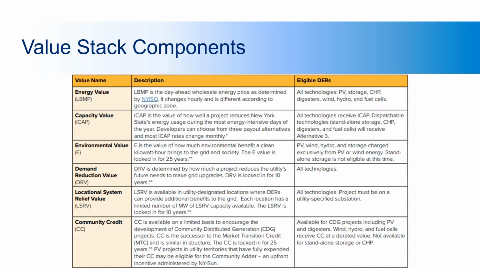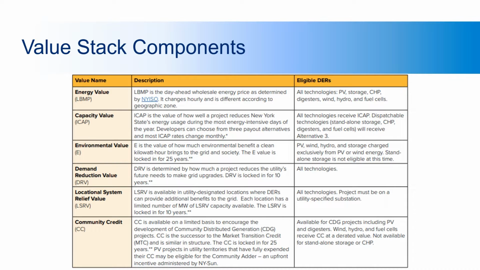Solar projects may choose from alternative 1, which provides a small credit for each kilowatt hour produced throughout the year, alternative 2, which provides a payment based on output during a summertime peak window, or alternative 3, which provides compensation based on output during the year's single statewide peak load hour. Standalone storage projects must take alternative 3. More information on the alternatives is available on the NYSERDA Value Stack website, specifically the FAQs page.